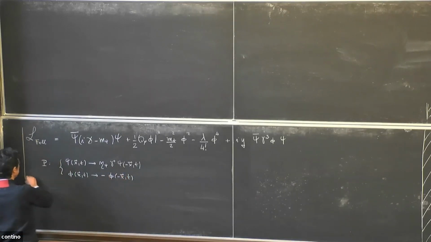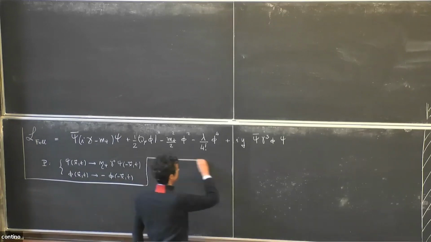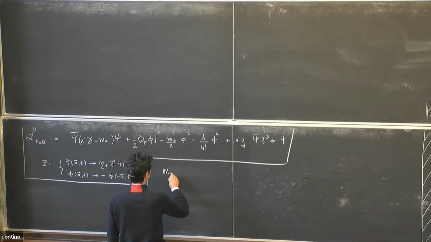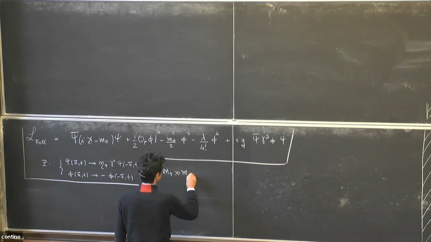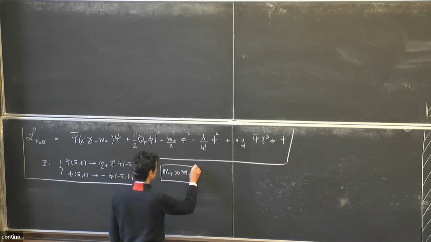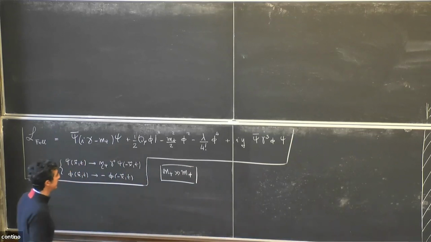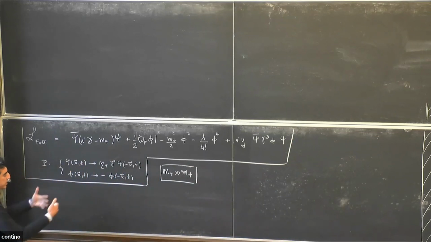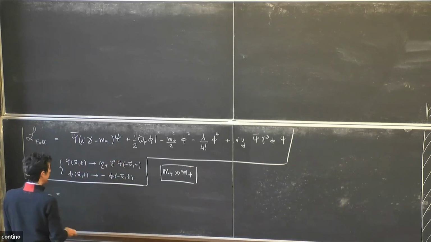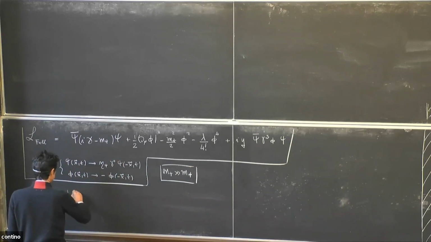So this is the full theory. And I'm taking the limit in which m psi is much larger than m phi. Okay, so this is my assumption. So I want to integrate out the fermion psi and match to an effective theory. The effective theory will be one containing only the light degree of freedom, which is a scalar.